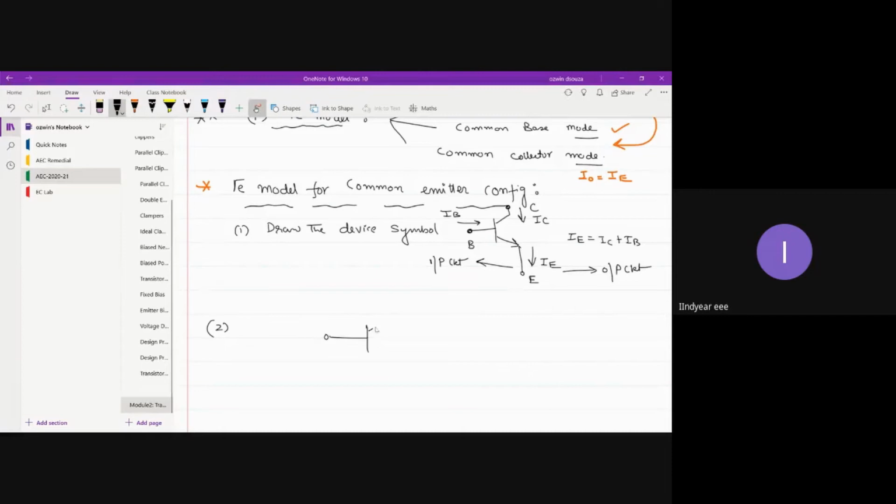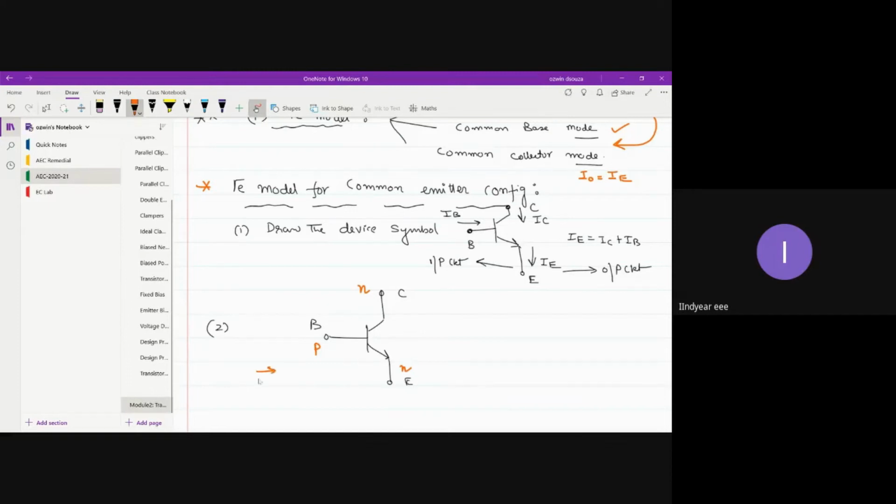In step 2, you rewrite the device symbol. After rewriting the device symbol, you mark the layers: N layer, P layer, and the second N layer.